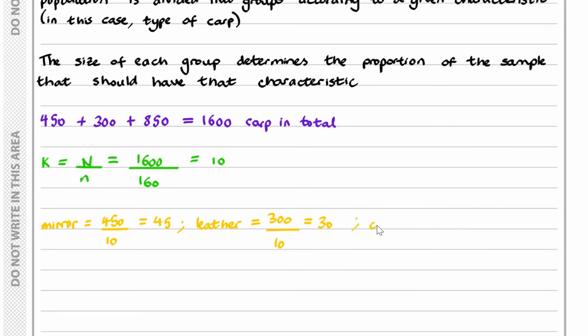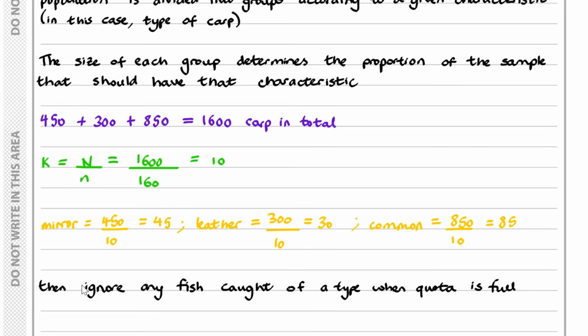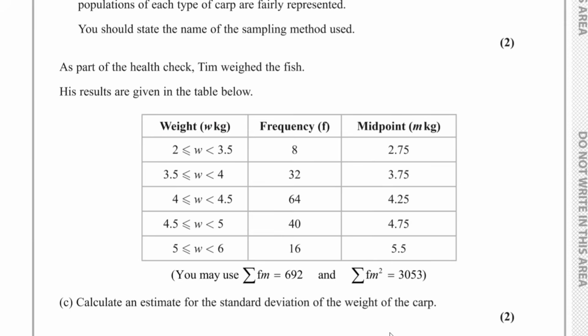And for the common, we have 850 over 10, which is 85. Okay, and then finally, we ignore any fish caught of a type when quarter is full.